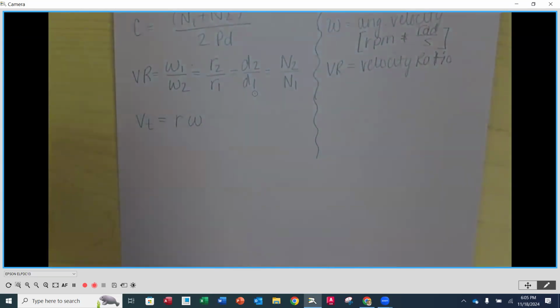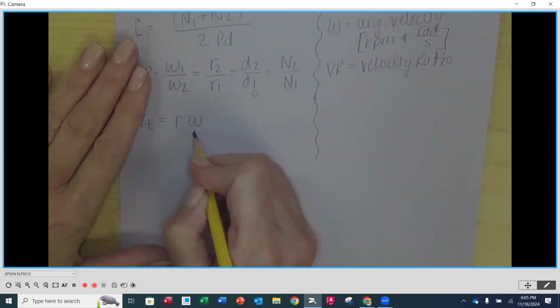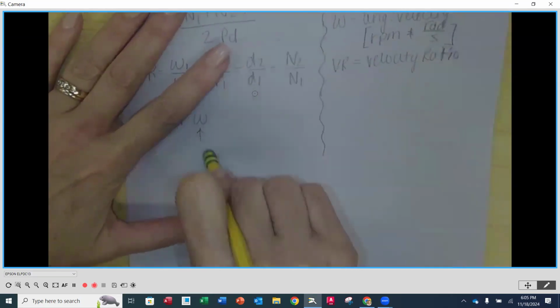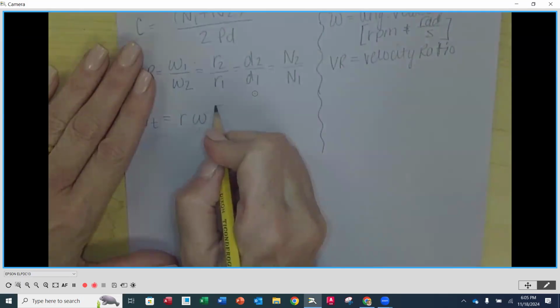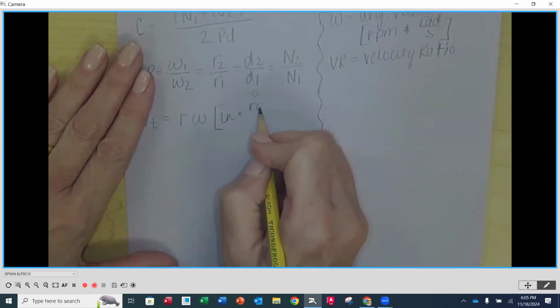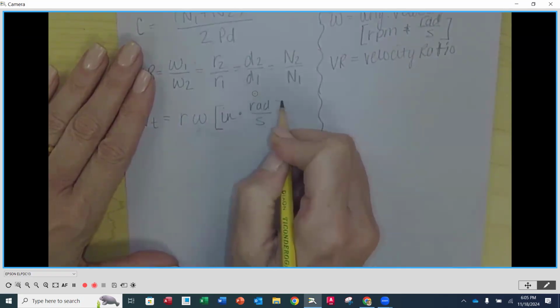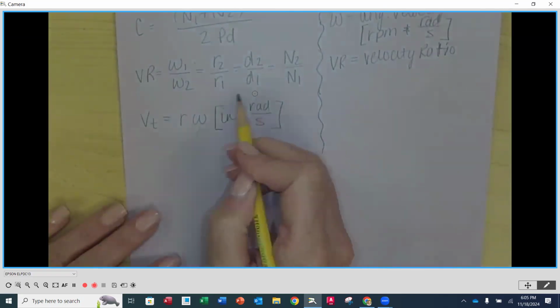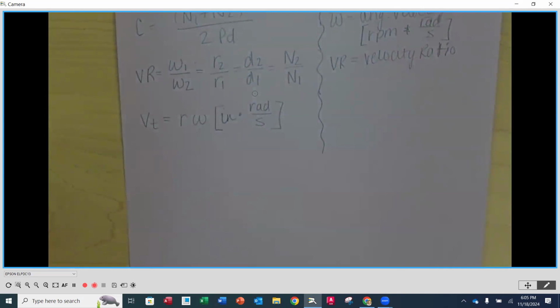Now, in this equation, our units are going to be inches times radians per second. So the units for our angular velocity have to be radians per second in this equation, just like they were in our previous modules.